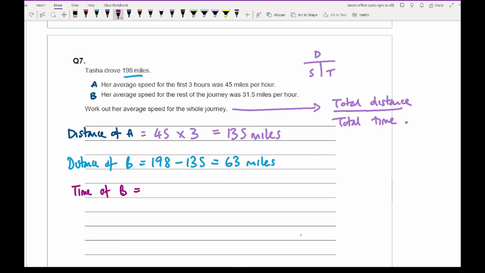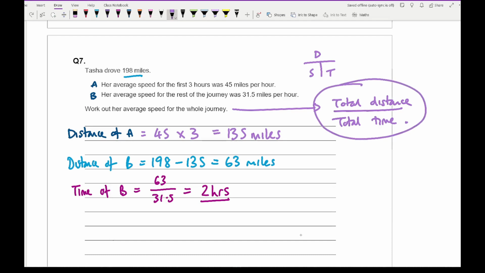And again, using the formula, that's distance divided by speed. So that's going to be 63 divided by the speed, which is 31.5, and that comes up to an answer of 2 hours. So using this information and this formula here, we can then work out the average speed.